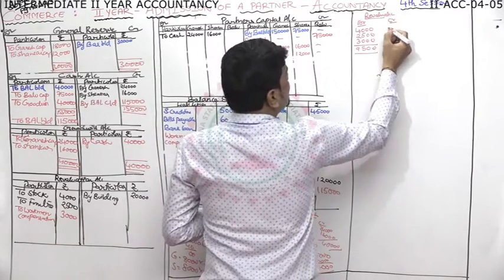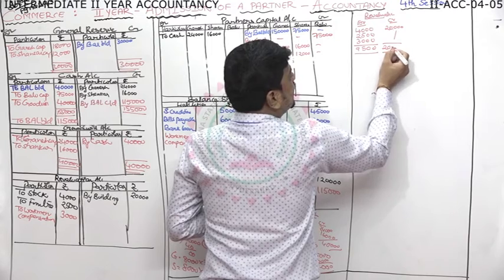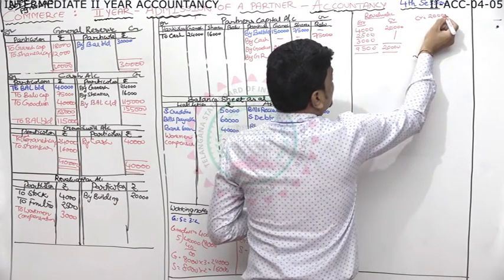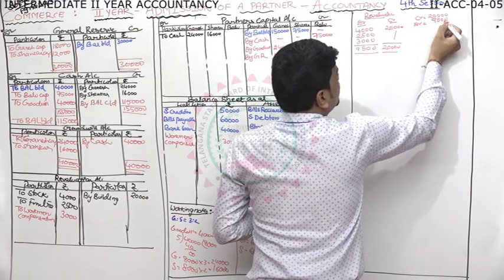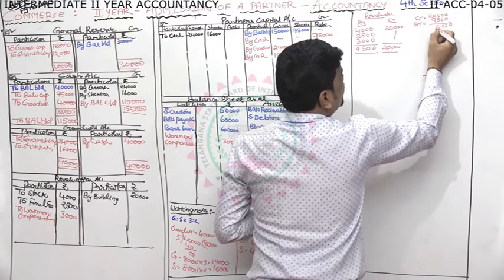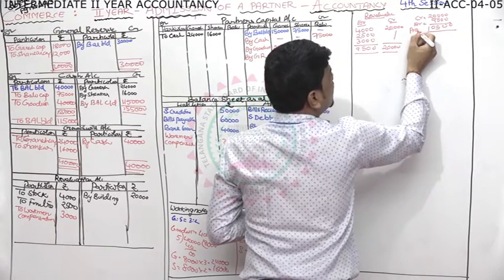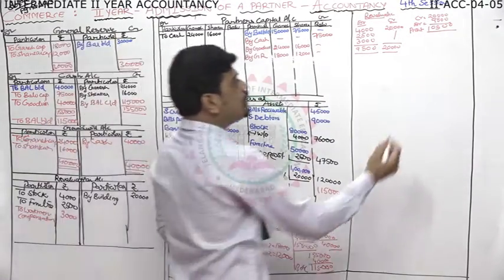And credit, if we see, it is 20,000. So 20,000. Again, credit is more, 20,000. Debit is less, 9,500. 10,500 is the profit. Again, this 10,500 will be divided by 5.